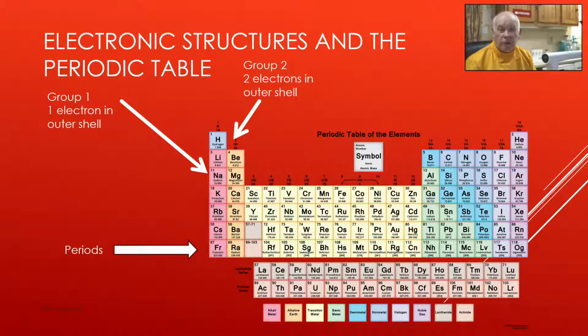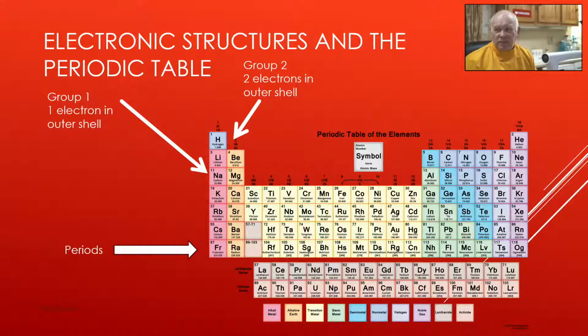The group twos share similar properties. Going across, we call them periods. And on this periodic table, we have the elements changing. We have first the group 1s, then the 2s, 3s, and they start getting more electrons in their outer shell.